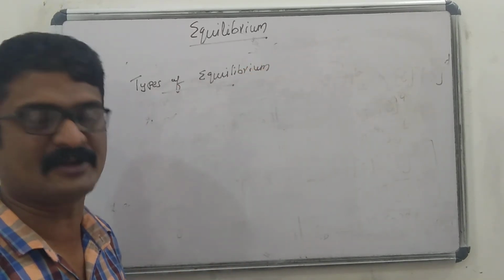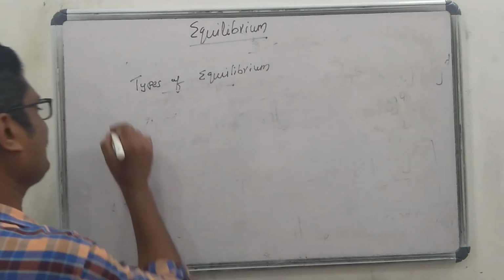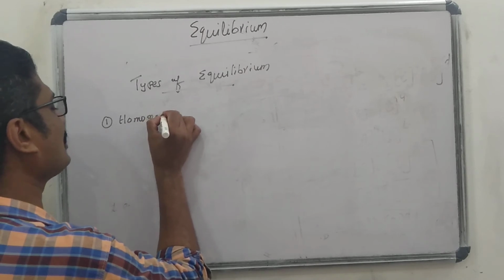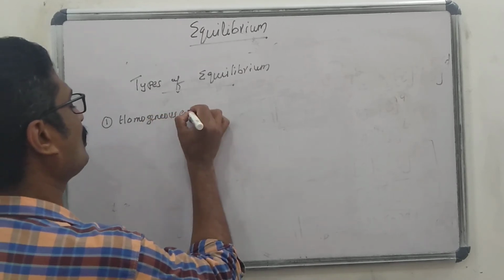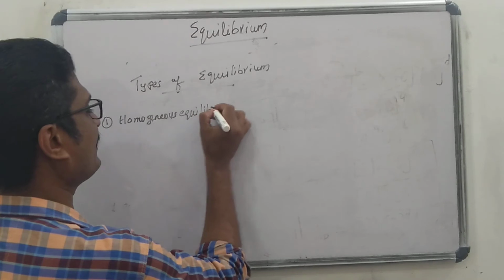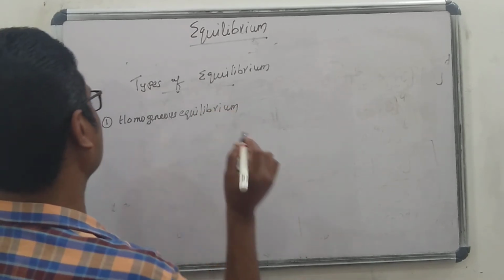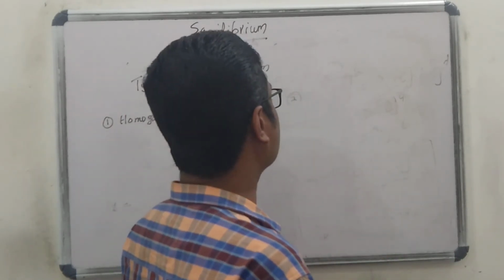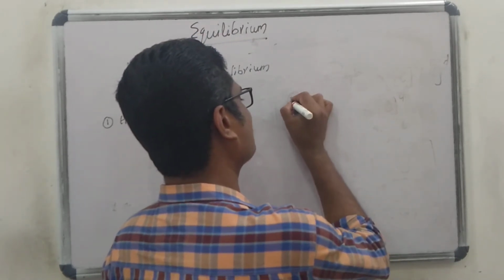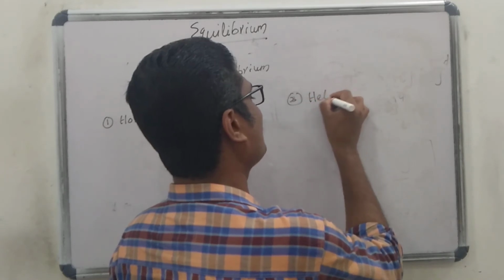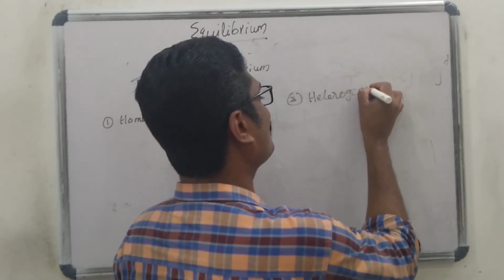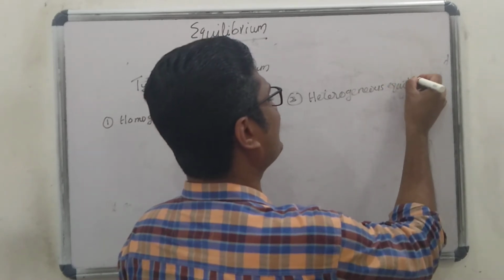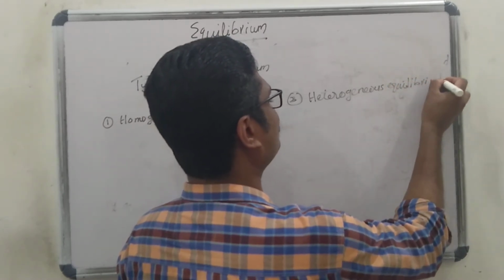Number one, homogeneous equilibrium, and the second one is heterogeneous equilibrium. ഞാൻ ആദ്യം രണ്ടിനും ഓരോ എക്സാമ്പിൾ എഴുതാം.